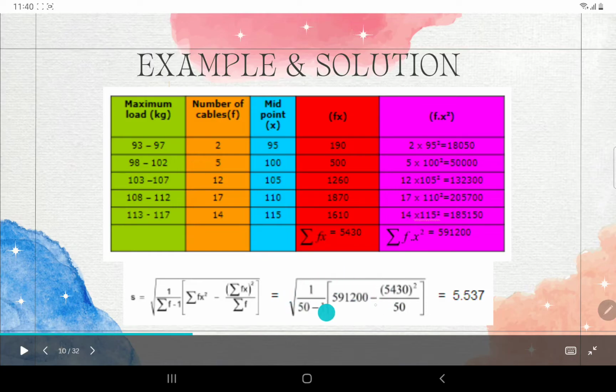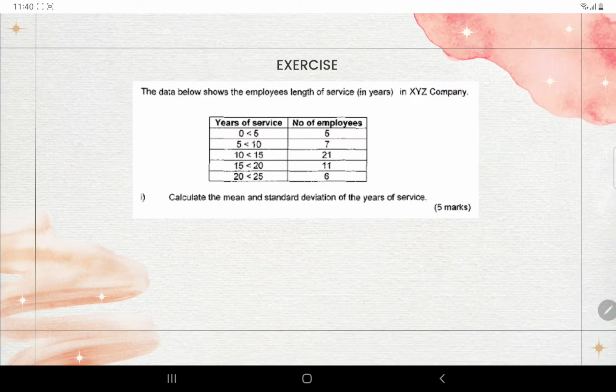Just use your calculator and then we will get 5.537. Let's do this exercise.